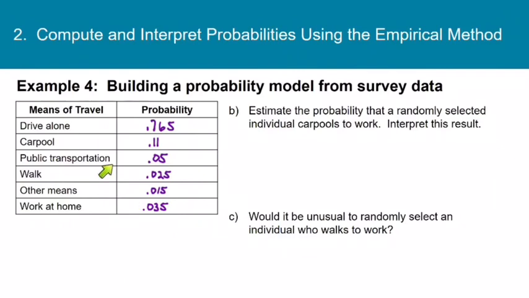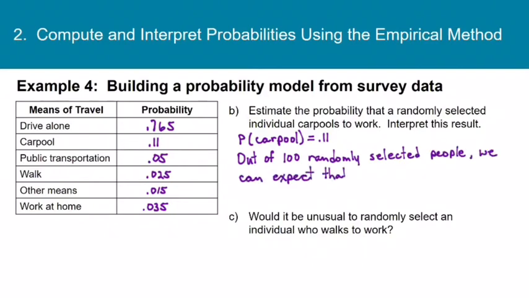Now let's take that probability model, and it says estimate the probability that a randomly selected individual carpools to work. Well, carpooling has a probability of 0.11, so I would say the probability that a randomly selected individual carpools is 0.11. In other words, out of 100 randomly selected people, we can expect that about 11 of them will be carpoolers.